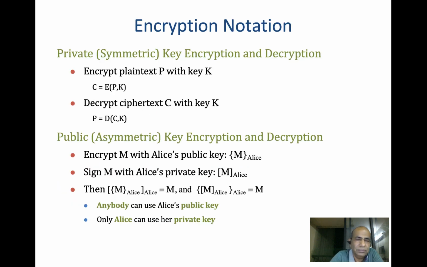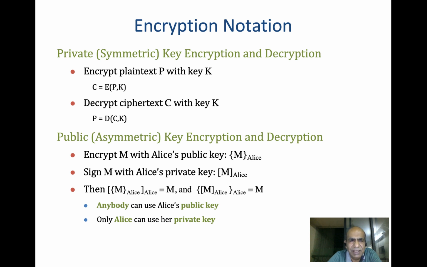So we will also use some of the notation that we have used earlier for symmetric key encryption and asymmetric key encryption. Symmetric key encryption, as you know, uses a shared secret key between sender and receiver.